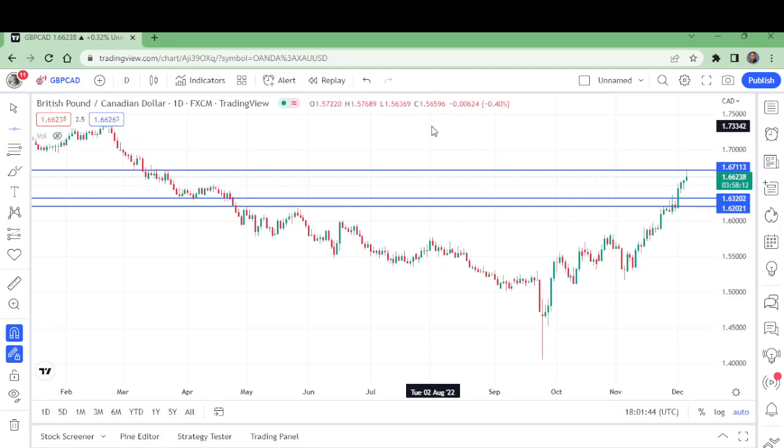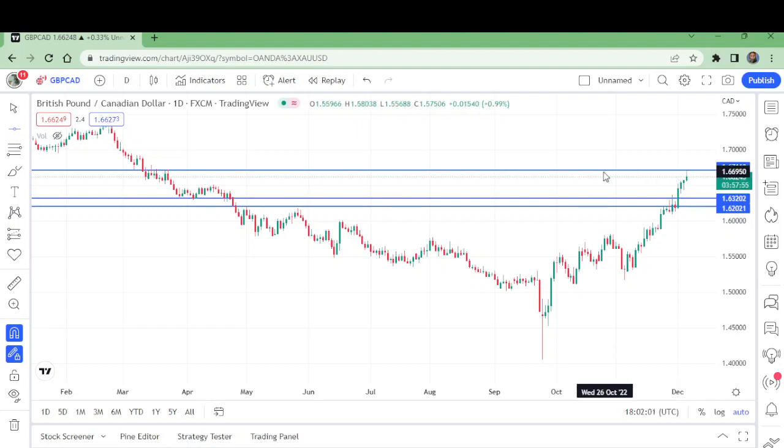Funders of Price Action. This is the daily chart of GBPCAD. GBPCAD had this resistance and now it is being rejected from here.